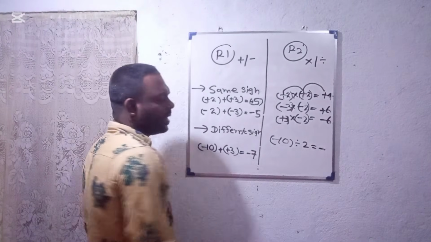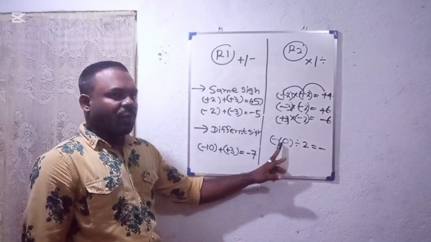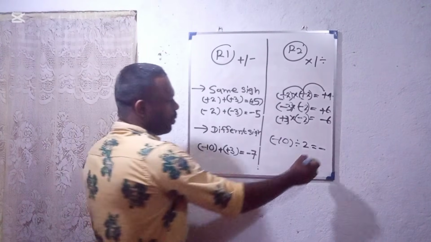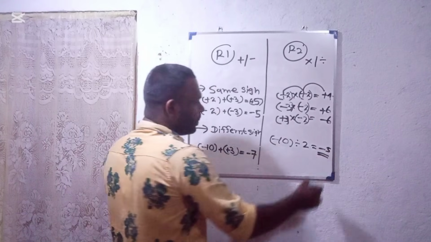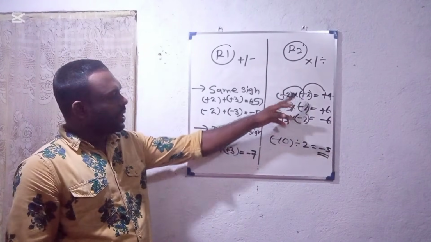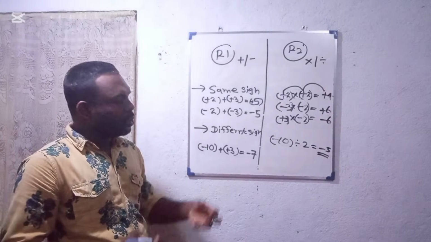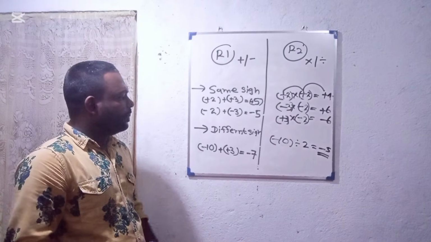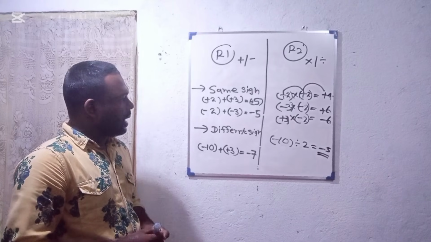You obtain the sign output, then 10 divided by 2 is 5. Like this. If there are more than two integers, you can repeat the rule.